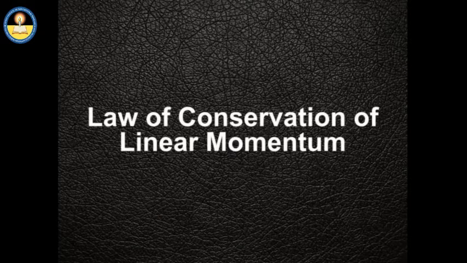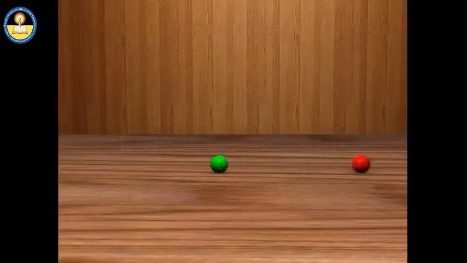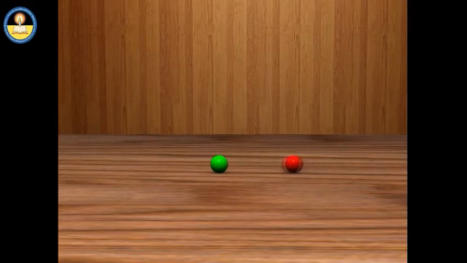One of the most fundamental concepts of physics is the law of conservation of momentum. You must have noticed that when a moving ball strikes a resting ball, most probably the moving ball stops and the resting ball is set into motion.